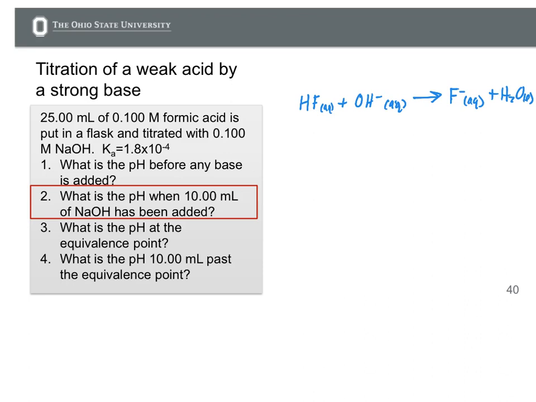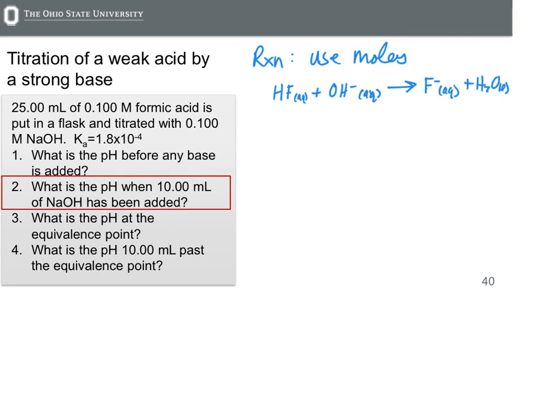And for our reaction table, you'll recall we need to use moles in the table. Yes? If we didn't know the equation for formic acid, we just use HA? Yeah, if you don't know the equation for an acid, feel free to use HA, for sure. I usually do that for any weak acid when I'm lazy.